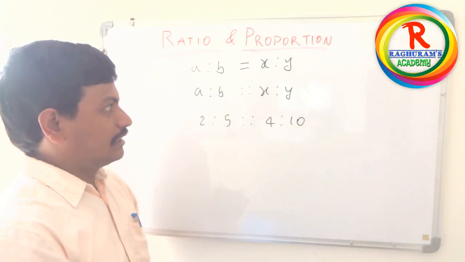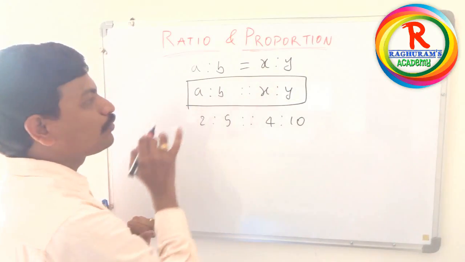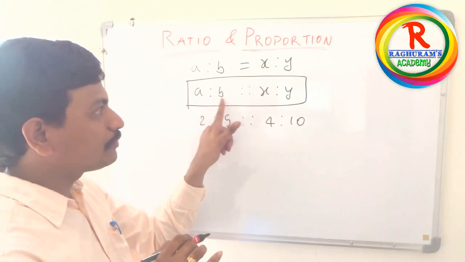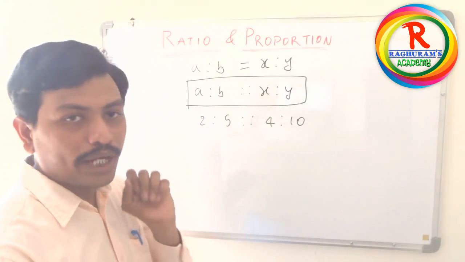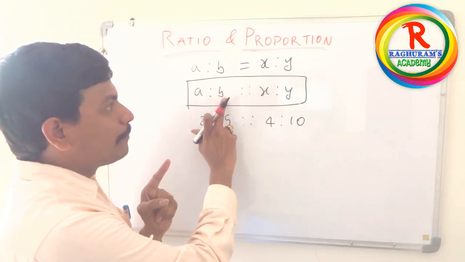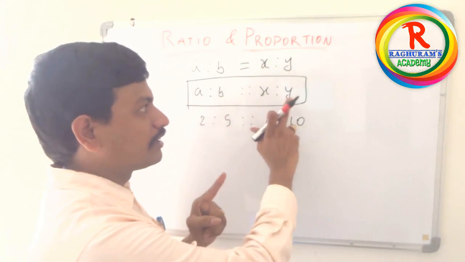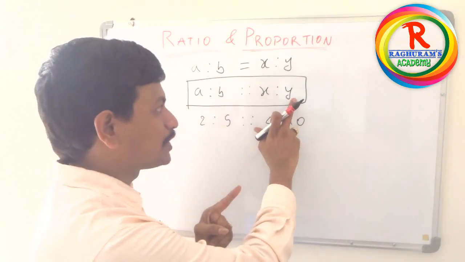Mostly we write like this: A is to B is same as X is to Y. Here A is called first proportion, B is called second proportion, X is called third proportion, Y is called fourth proportion.